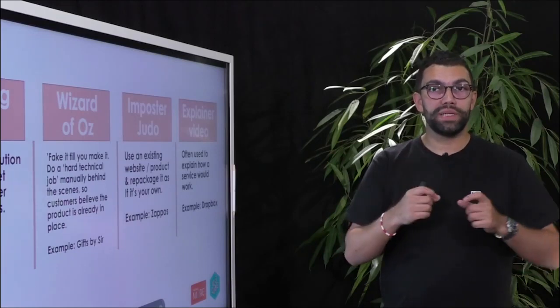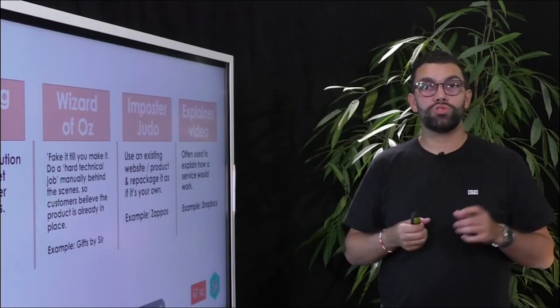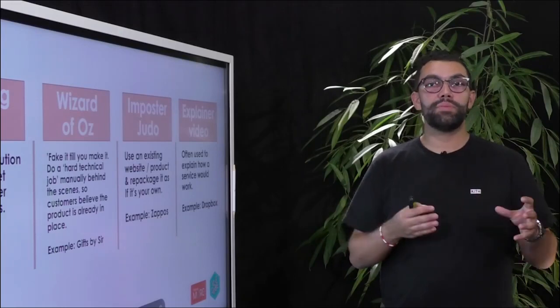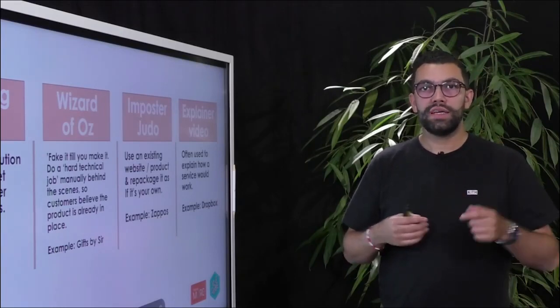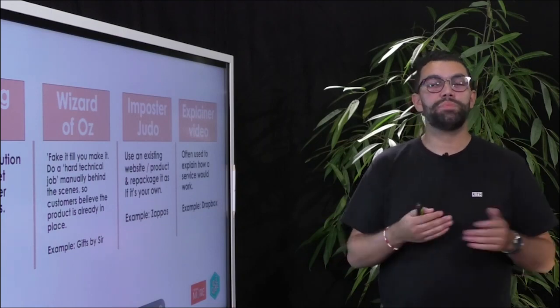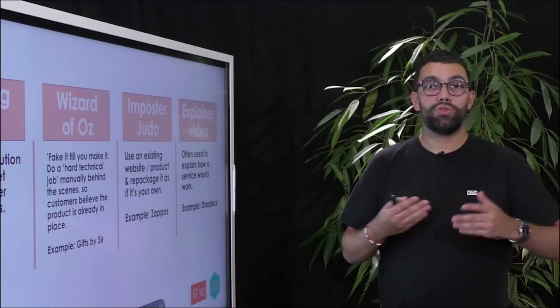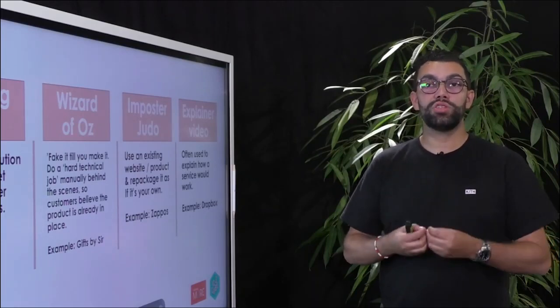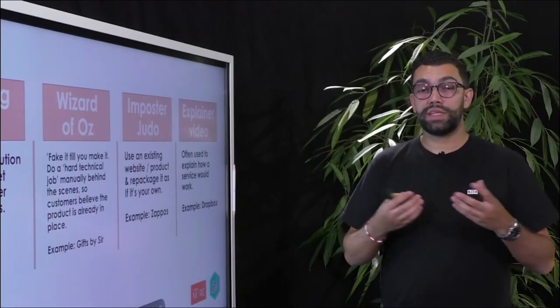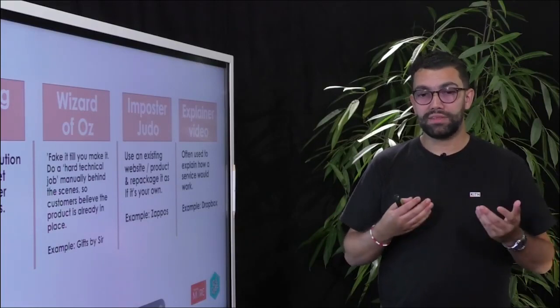So they took pictures of the local shoe stores, and they turned them into a website, and once people actually bought those shoes, they went to the store and bought them and shipped them to the person that ordered them. So it's a really simple way, using existing solutions, to test if people, in this case, would buy shoes on a website.